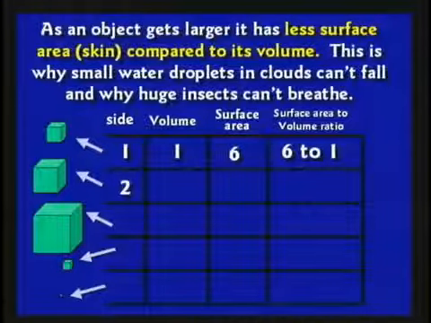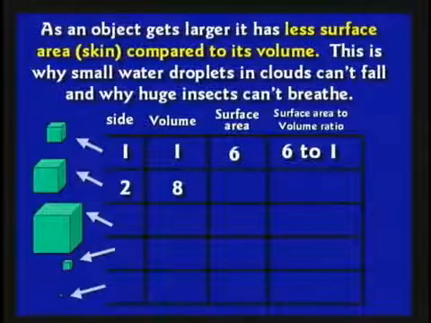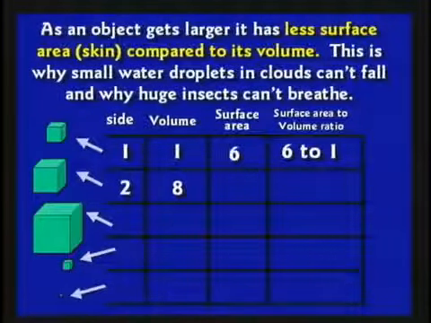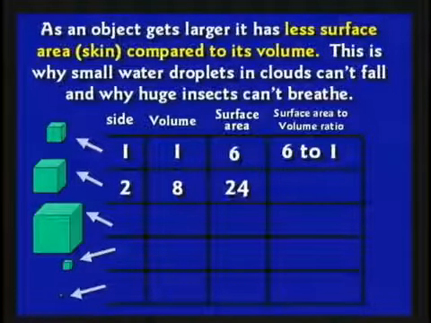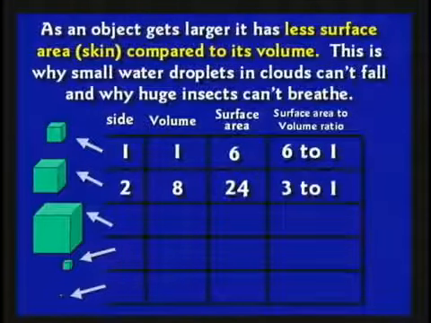Okay. What if we double it to 2? 2 times 2 times 2 is how much? 8. Each side is 2 inch by 2 inch, so there are 4 square inches on a side. We still have 6 sides. 24 square inches of surface area. We have now dropped it to a 3-to-1. Suppose this was a bug trying to breathe through his skin.